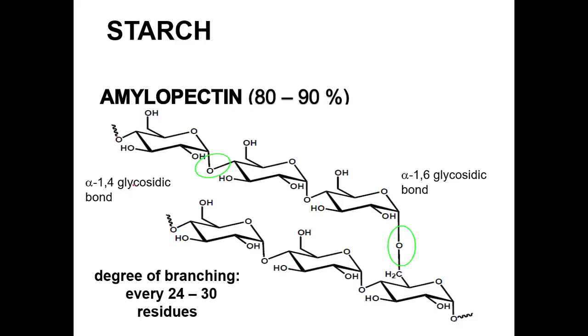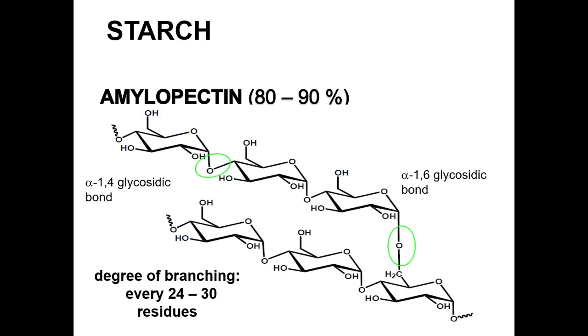Pero imagine nyo, you have strings of glucose, dapat meron tayong tinatawag na branching. So, yung branching naman dito is between an alpha 1,6 glycosidic bond. So, for example, this is your glucose. Para ma-form yung branch, kasi yung amylopectin is the branch component of your starch.